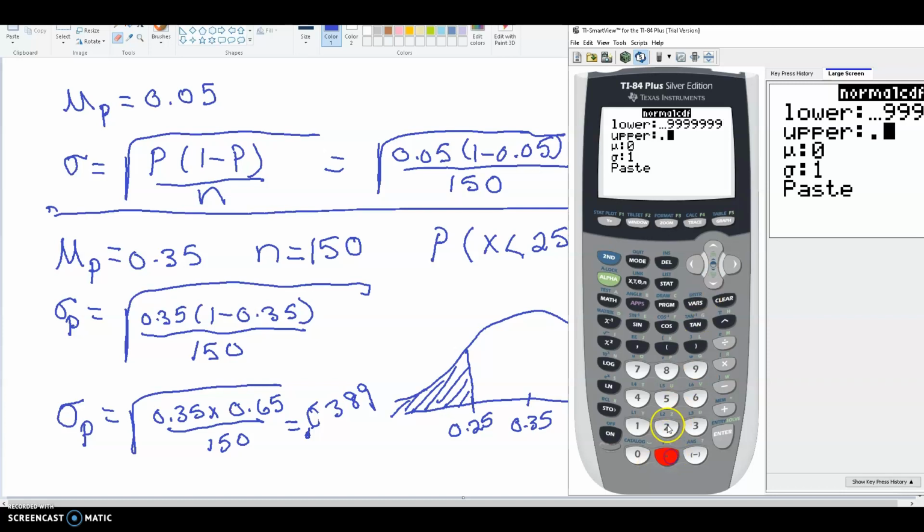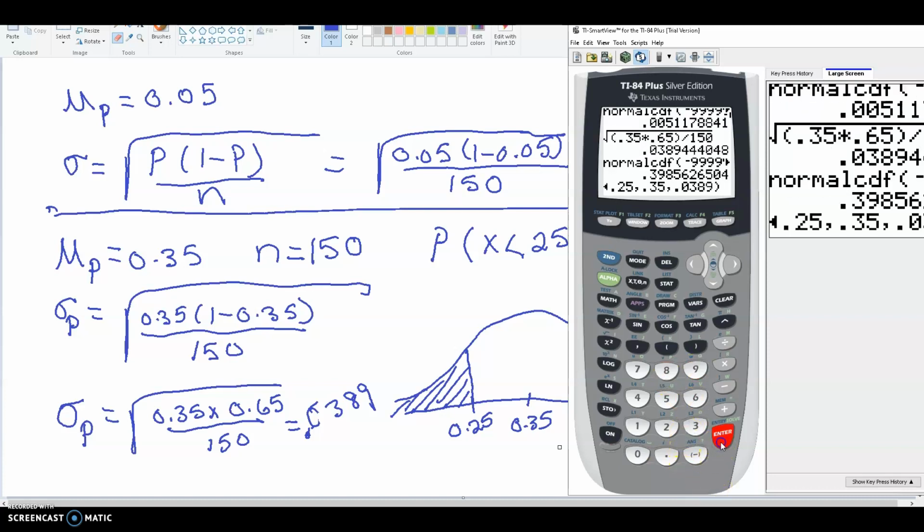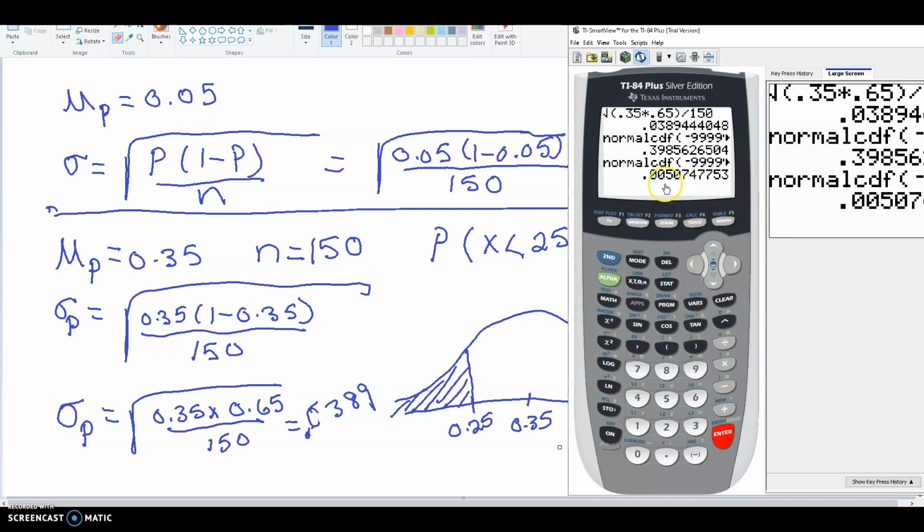Upper bound is 0.25. Mu is 0.35. And the standard deviation that we calculated by hand was 0.0389. As you can see, we still get the same answer. So either way you want to do it is fine.